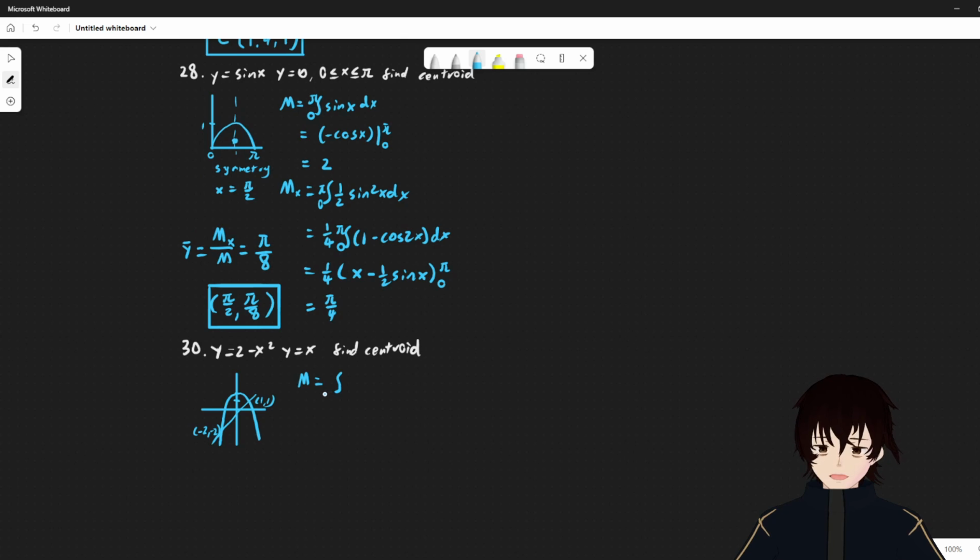M is the integral from -2 to 1 of 2 minus x squared minus x dx, because our parabola is on top.